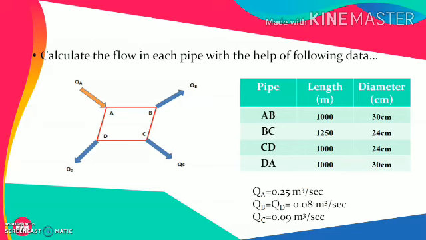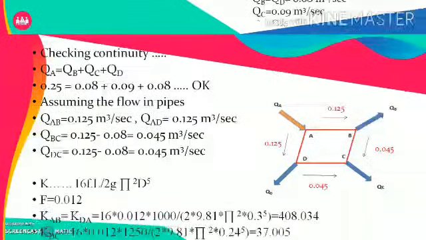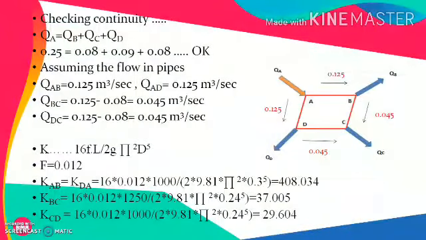The flow entering into the network at node A has a value of 0.25 meter cube per second, while the demand at nodes B and D is 0.08 meter cube per second, while at C the demand is 0.09 meter cube per second. So first of all, we will check the continuity.